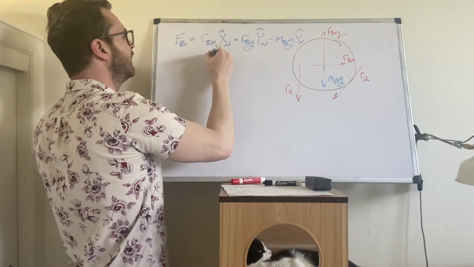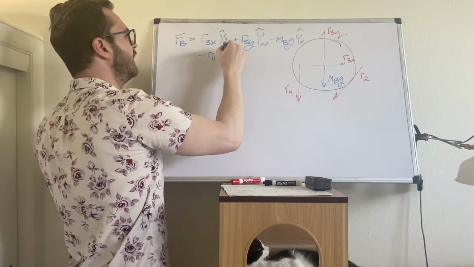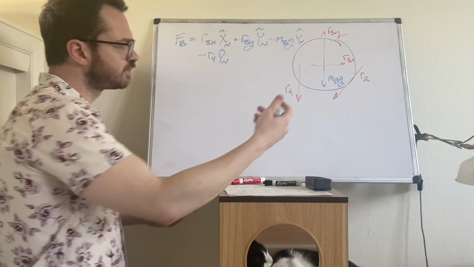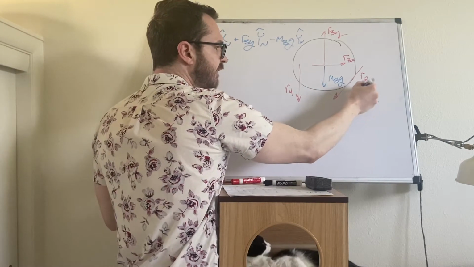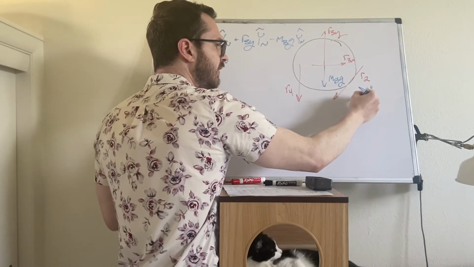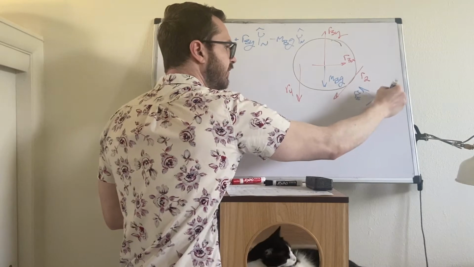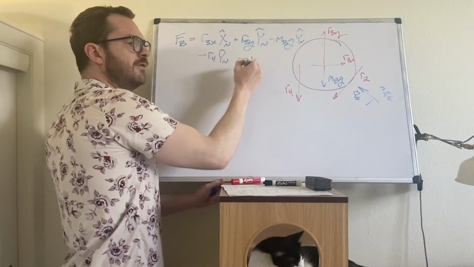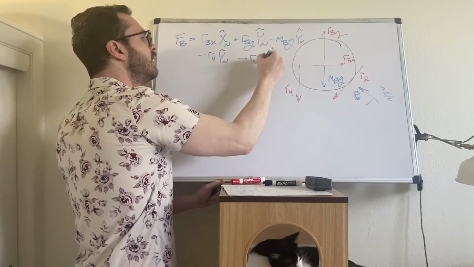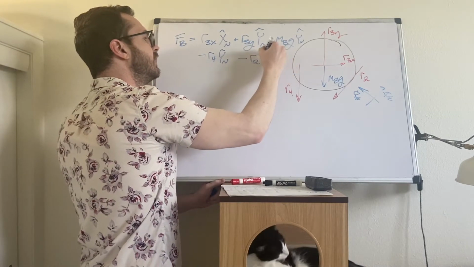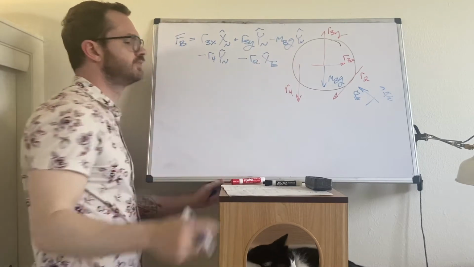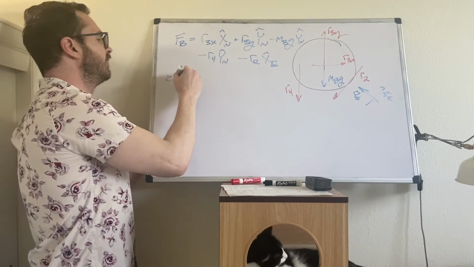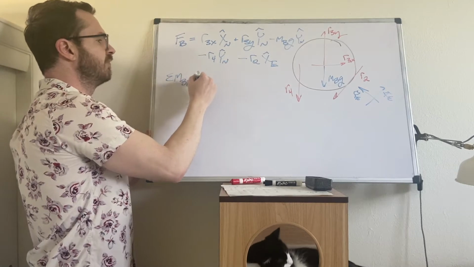This is minus R4 in the Y hat N direction. And R2, well, we used the E frame, and this was YE, this one was XE. So R2 is negative in the XE direction.